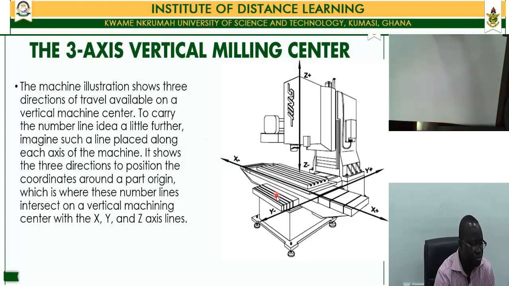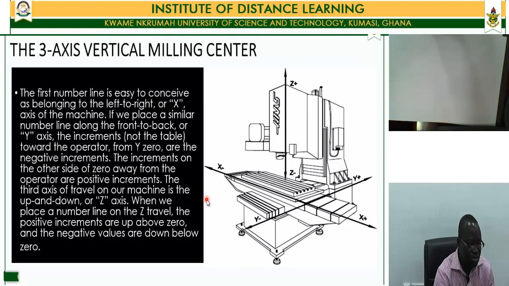So if you look at this CNC machine, just as I've explained, you have three directions of travel available on the machine. If you look at it from the number line idea, you have imaginary lines placed on these axes of travel, and they designate the coordinate positions for the X, Y, Z axes as depicted.